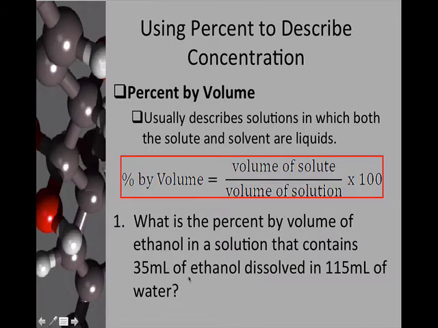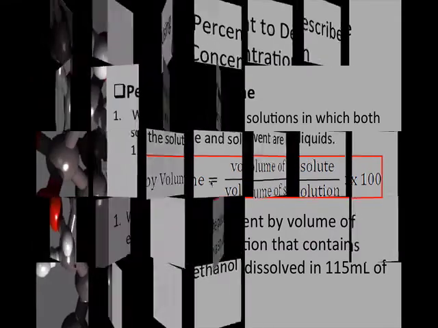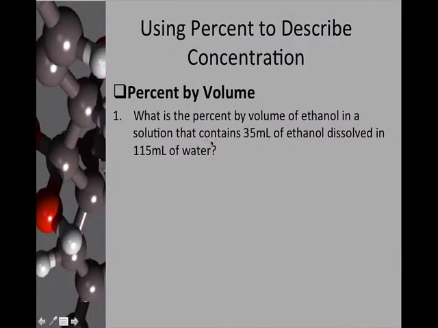I'm going to go to the next page. It'll have the same question again. It says, what is the percent by volume of ethanol in a solution that contains 35 milliliters of ethanol dissolved in 115 milliliters of water? So the solute is usually the one that's in the smaller amount. In this case, it's the ethanol, and water is normally the solvent. So we put that on top.